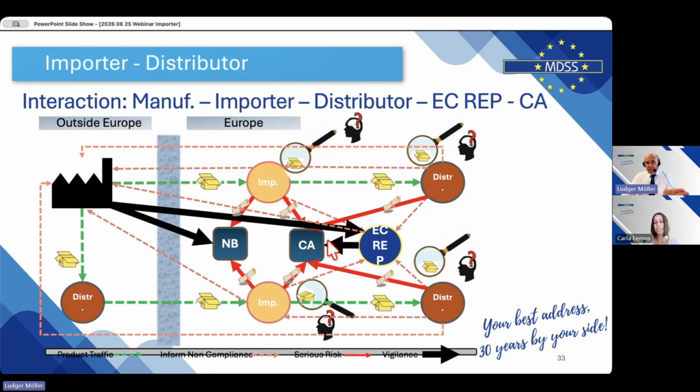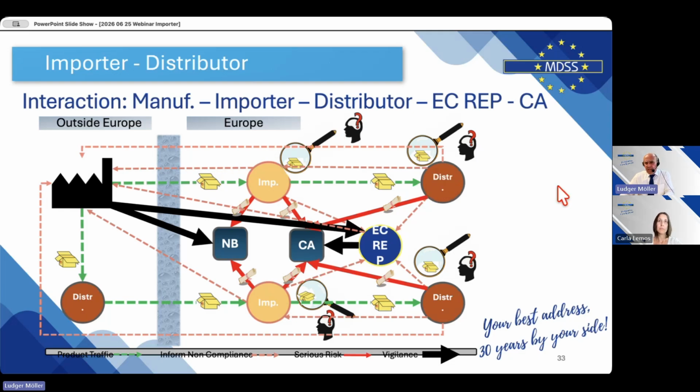How often did we get calls from the authority and our client didn't even know what was going on, because the distributor informed the authority? That's their obligation in some countries. Was it already in place under the MDD? It is part of the MDR, and that's not going away. And so you see one single event here.